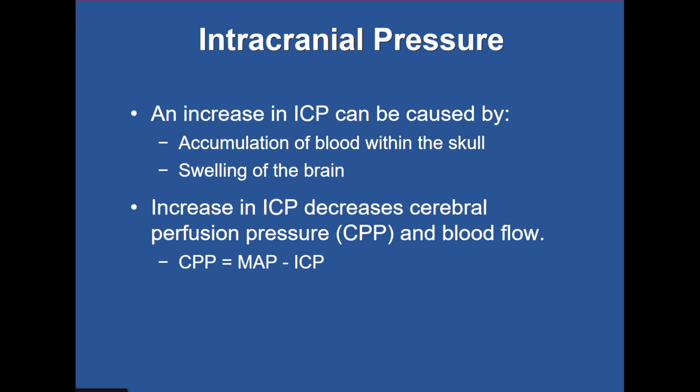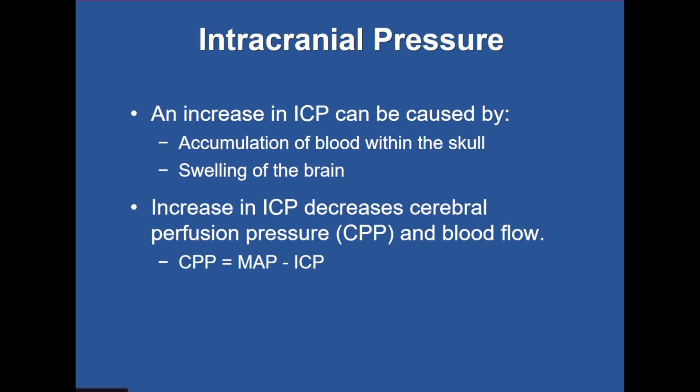And that's basically equal to the mean arterial pressure minus the intracranial pressure. You have a little bit of intracranial pressure that's just there, involving the tissue and the cerebrospinal fluid that goes around it, and typically that's about 5 to 15 millimeters of mercury. And usually the MAP is around 85 to 95 millimeters of mercury.